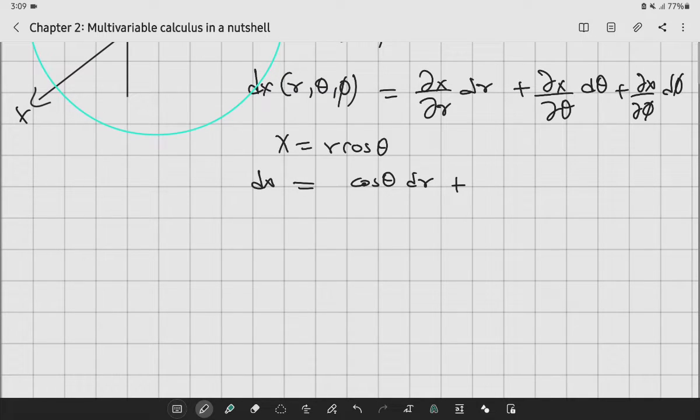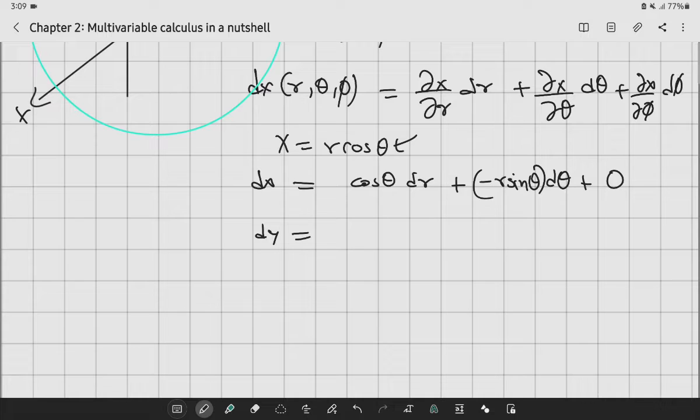Well, anyway, let's continue here. Partial x over partial theta is minus r sin theta, d theta, plus partial x over partial phi is 0. Similarly, I can do the same for dy. Since I want to shorten this, you can verify this, of course.